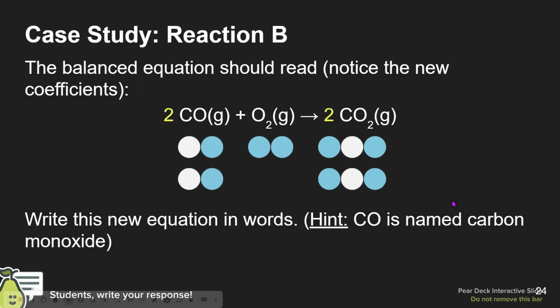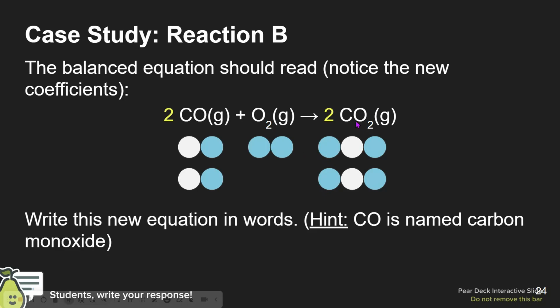So what we're going to do now is just simply add in some coefficients. We said we needed two particles of carbon monoxide, so we would put a 2 in front of the CO, carbon monoxide. We did not add any more oxygen molecules, so we'll leave that just as it is.